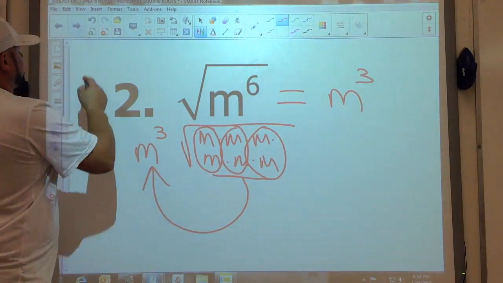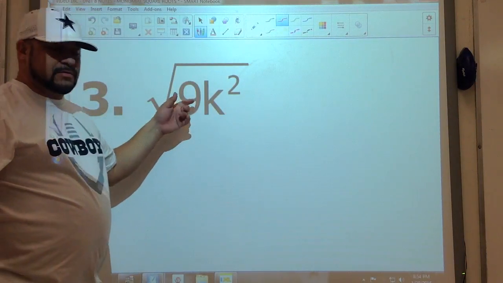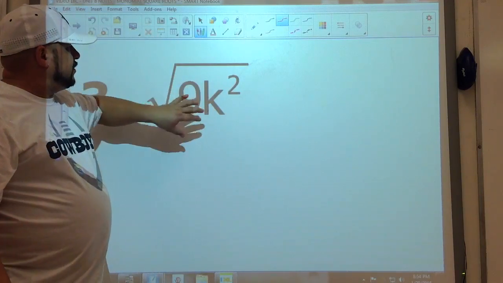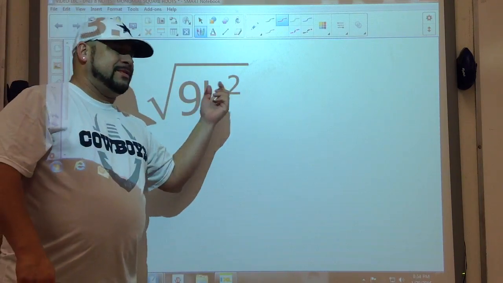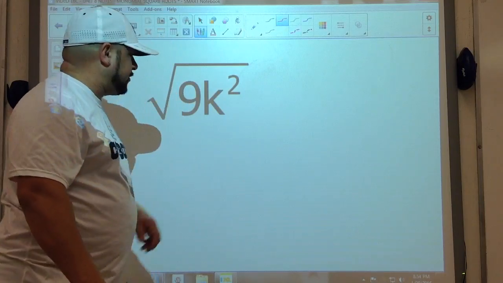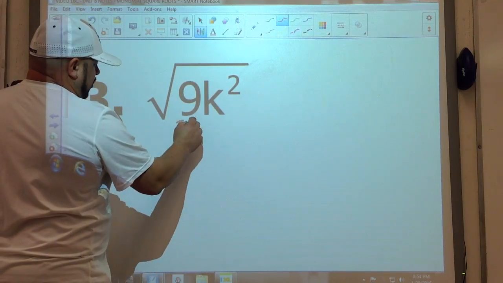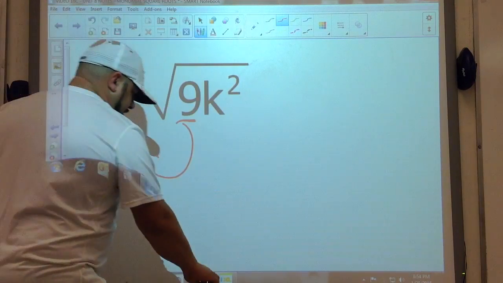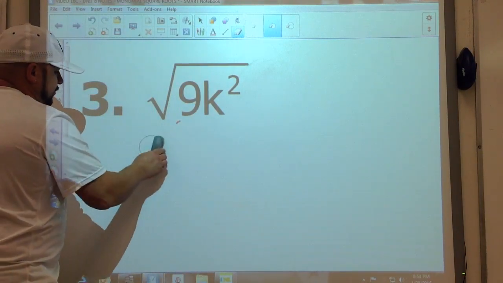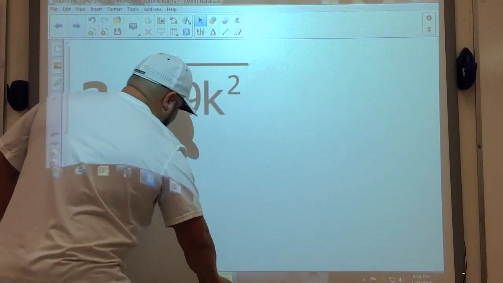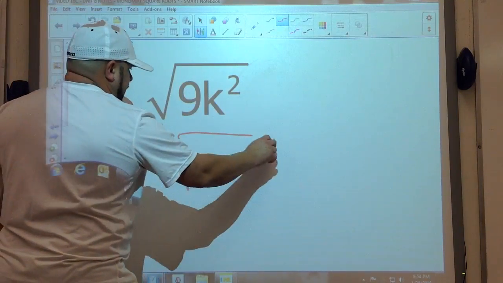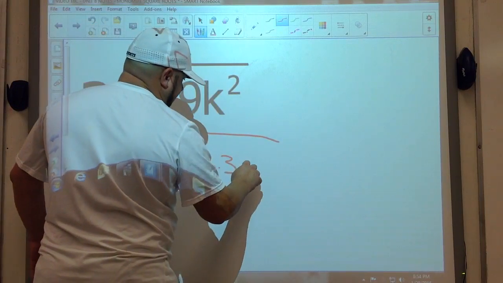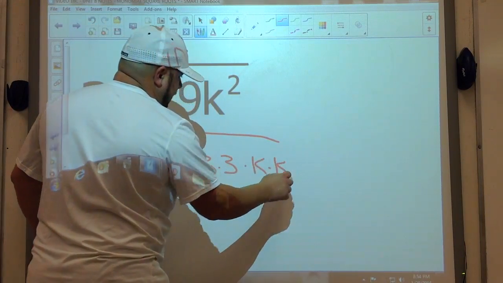Let's try another one. Now, notice I have 9k squared. We're dealing with the square root of 9, then we have to deal with the square root of k squared. Well, we know that the square root of 9 is 3. Actually, let's do it this way. It's almost the same concept. 3 times 3, and then I have k times k.